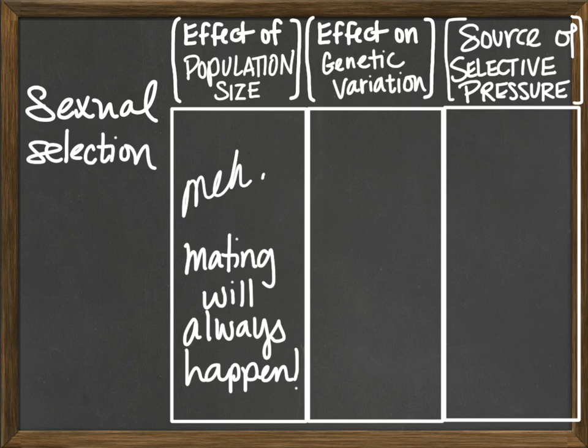The one thing that can happen is when you get down to a very small population, if there's really only one member of your species who's a potential mate for you, it doesn't matter if they've got the biggest, prettiest tail or the largest claw or the nicest rack. They're your only option, so mating will happen. Basically, individuals can be pickier in larger populations.